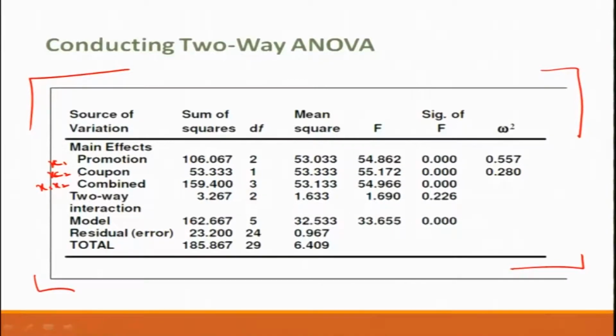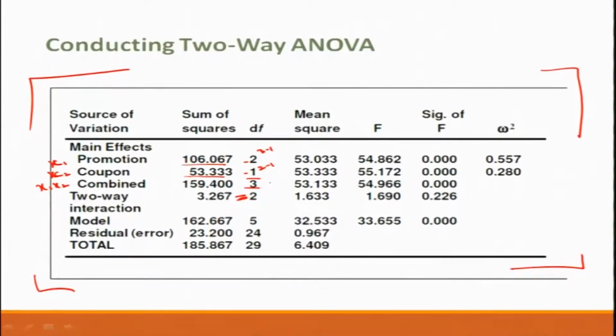For promotion, this is the sum of squares, and for coupon level, this is the sum of squares. We had 3 categories, so 3 minus 1 is equal to 2. We had 2 categories, 2 minus 1 is equal to 1. The total is 2 plus 1, 3, and combined is nothing but the sum of these two. For the interaction, we have 2 into 1, which is equal to 2.